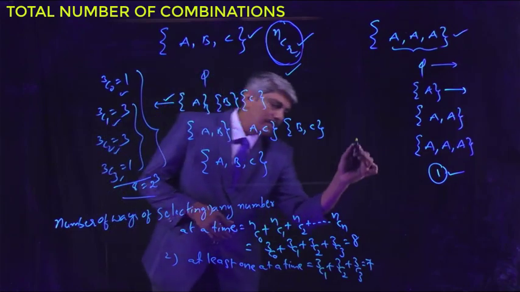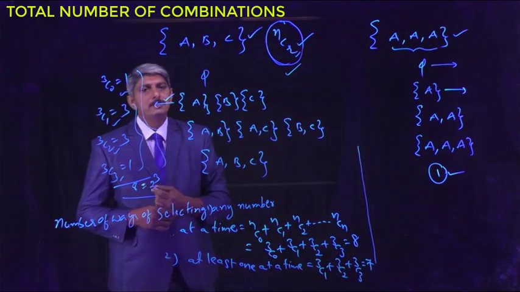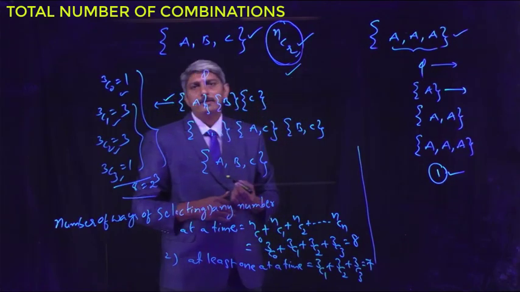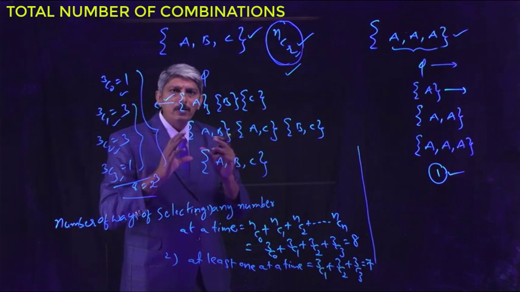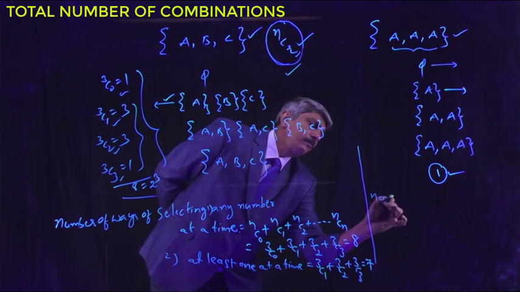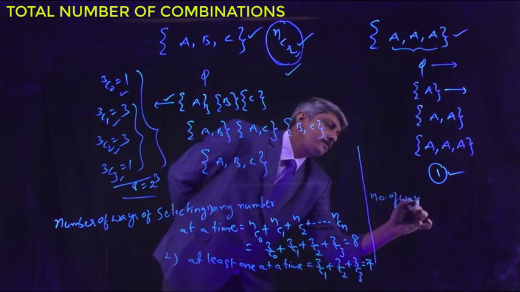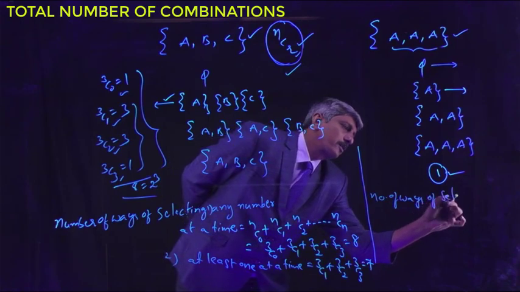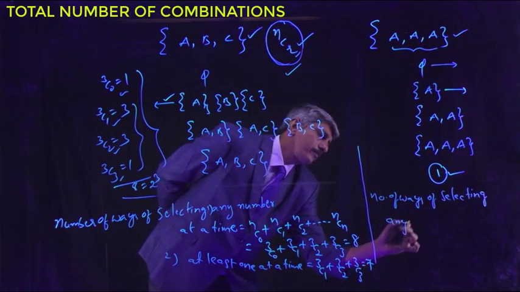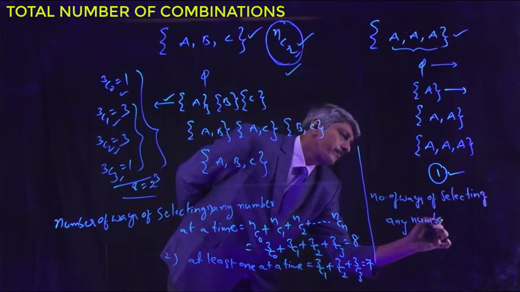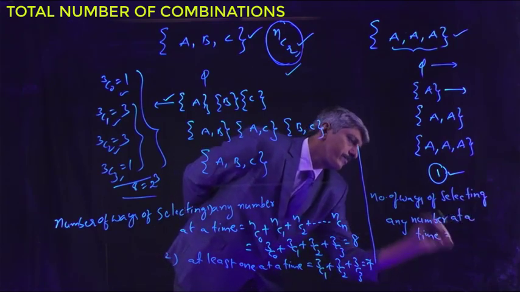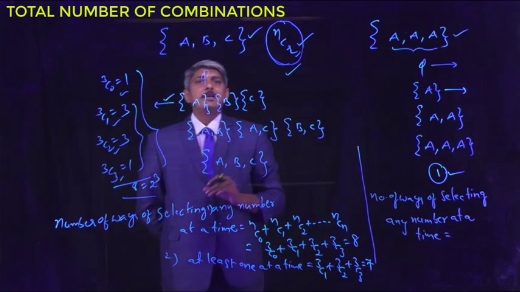In a similar fashion, there are three distinct objects, three like objects are given. Now again, the number of ways of selecting any number at a time.